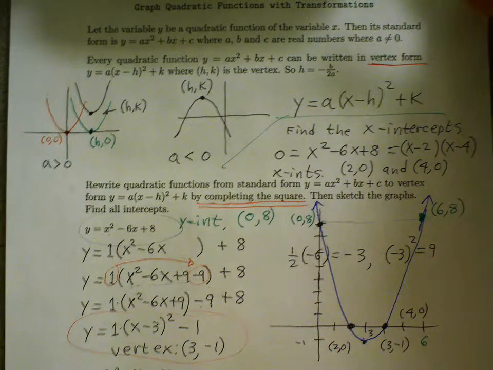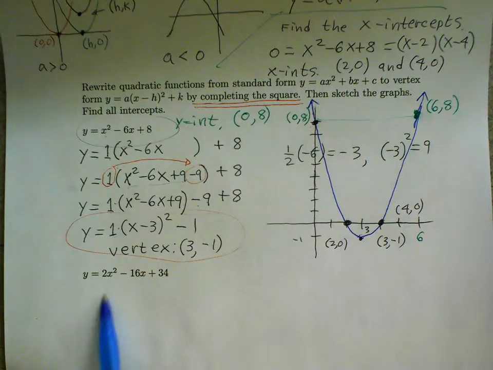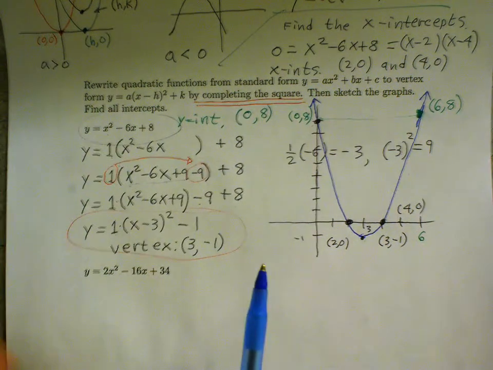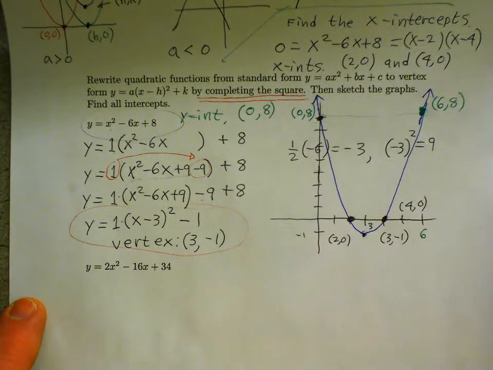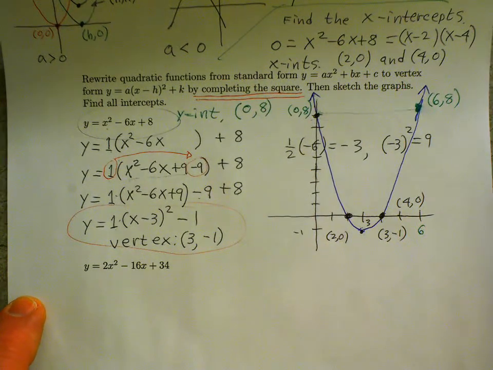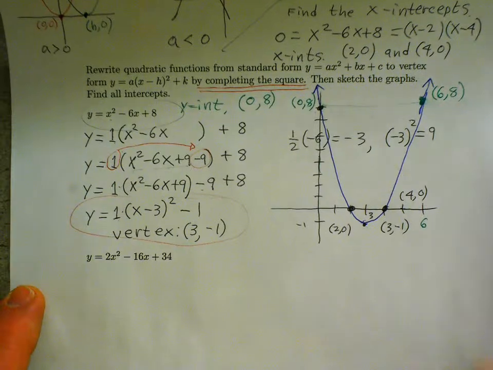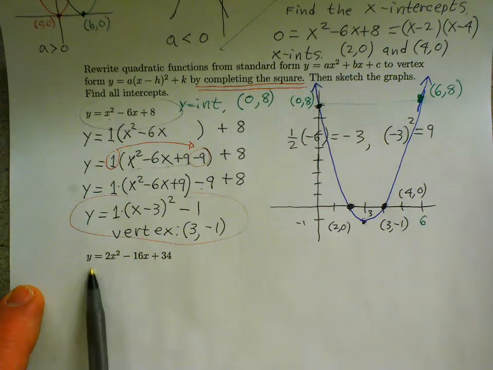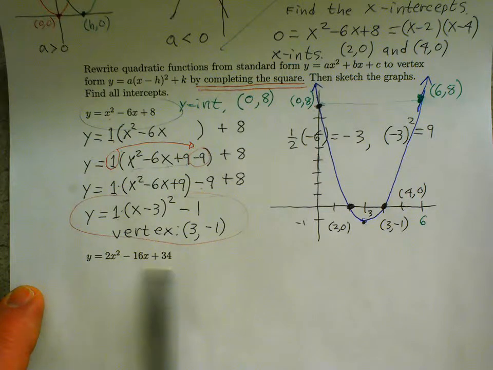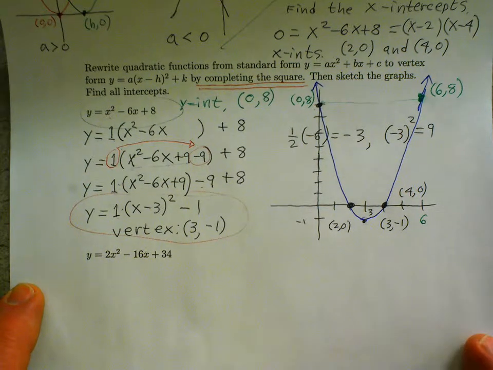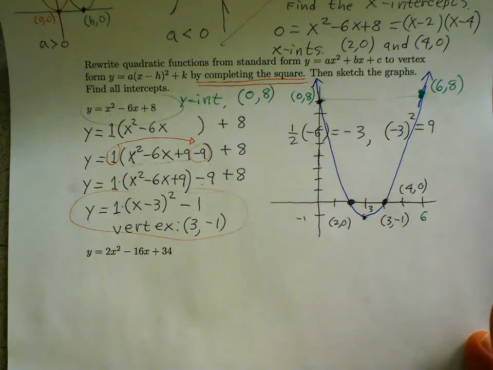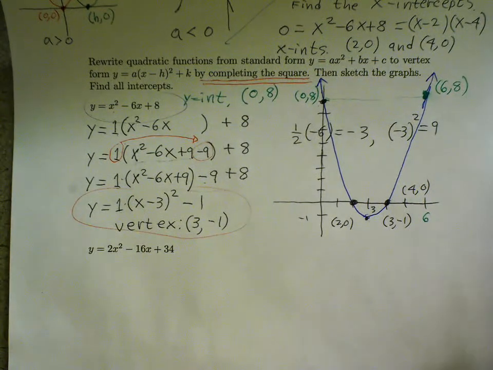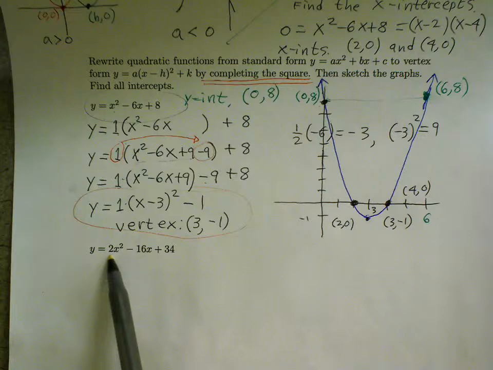All right, the next one's a little more involved because this time the leading coefficient is 2. So rewrite this quadratic function. It's given in standard form. Let's write it in vertex form. Okay, the leading coefficient is 2.